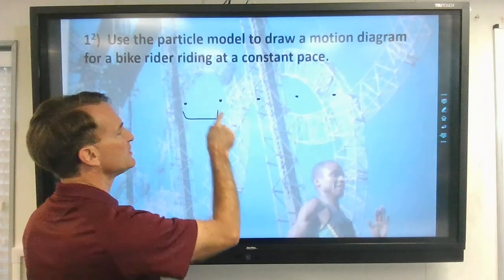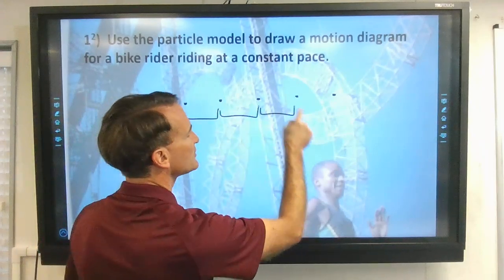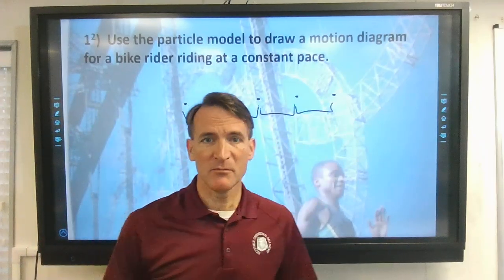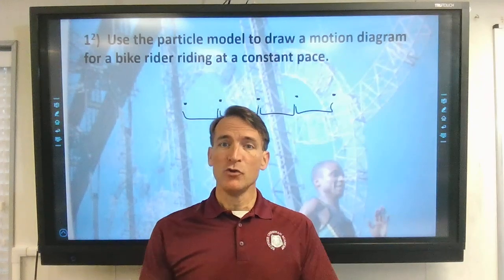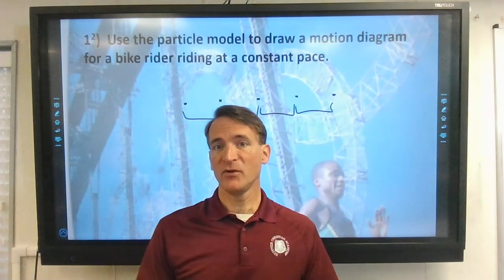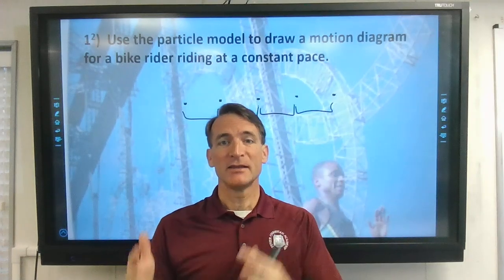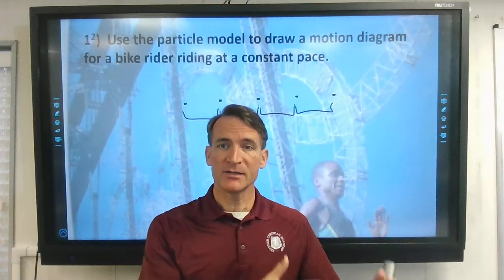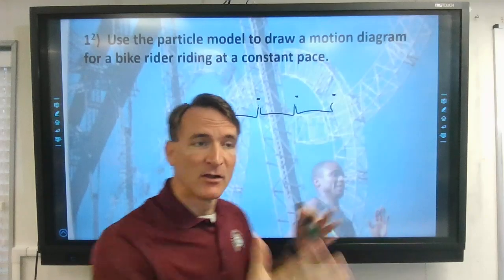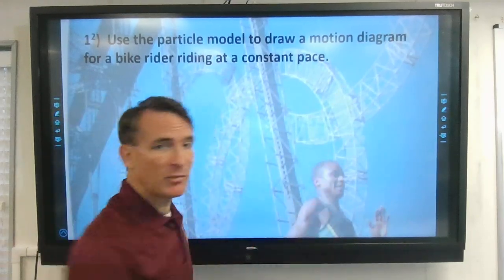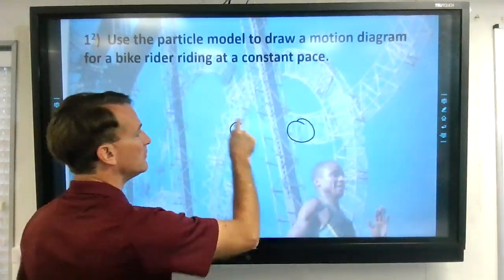And all of these distances between those dots are roughly the same, then you are correct. You want them to be roughly the same distance apart because that indicates that somebody is going at a constant speed. Now, let's take a look at the bike rider themselves.